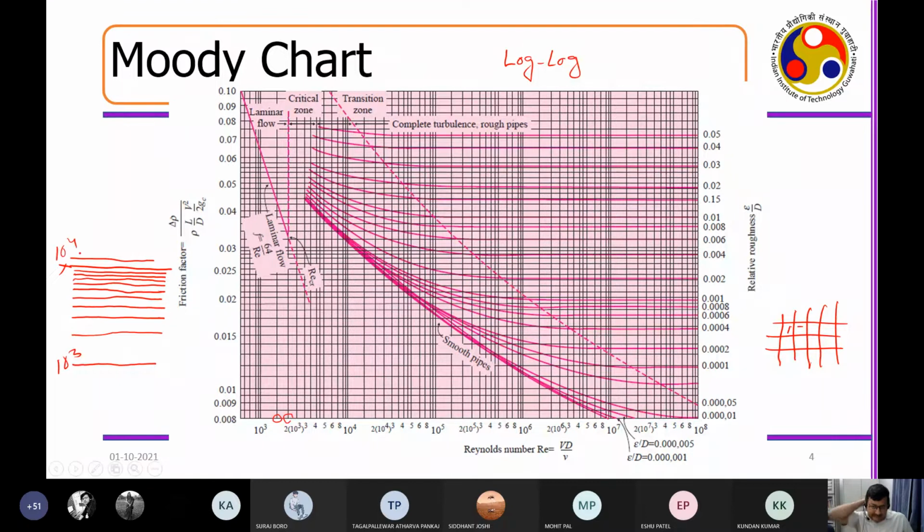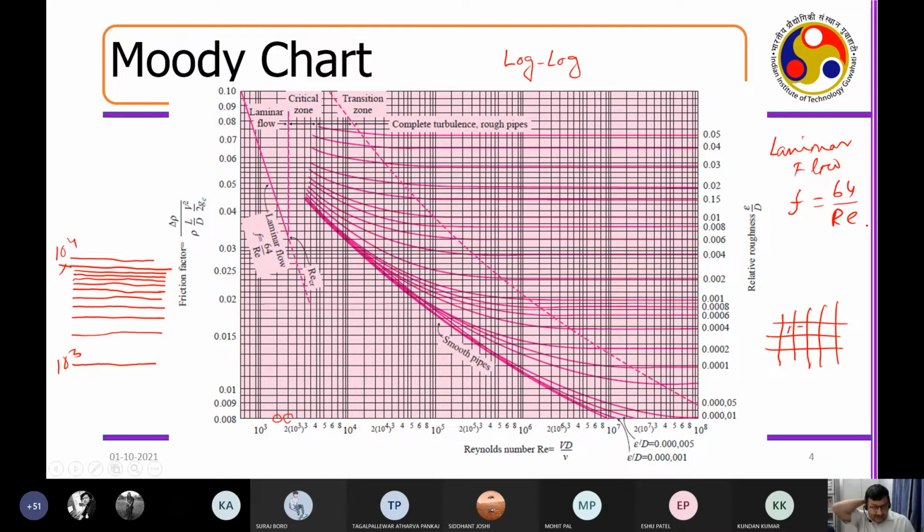Now, why am I plotting like this? If you really try to calculate, this you will derive in fluid mechanics, that if I have a laminar flow and I want to know what is the friction coefficient, right? That comes out to be 64 by Reynolds number.